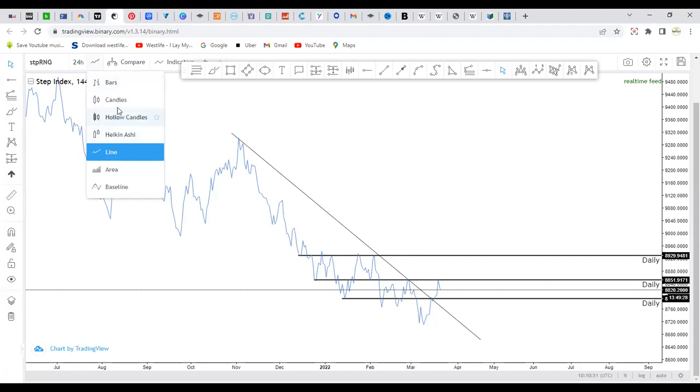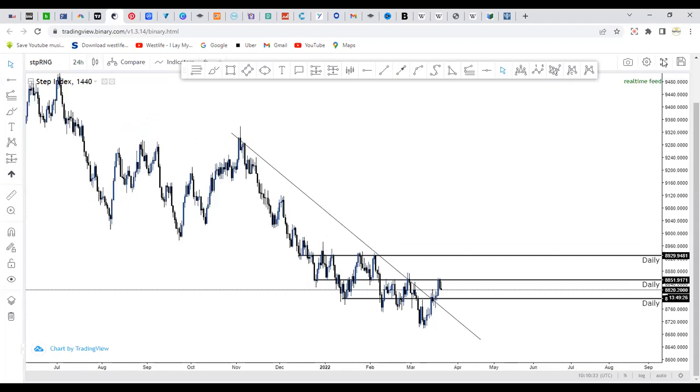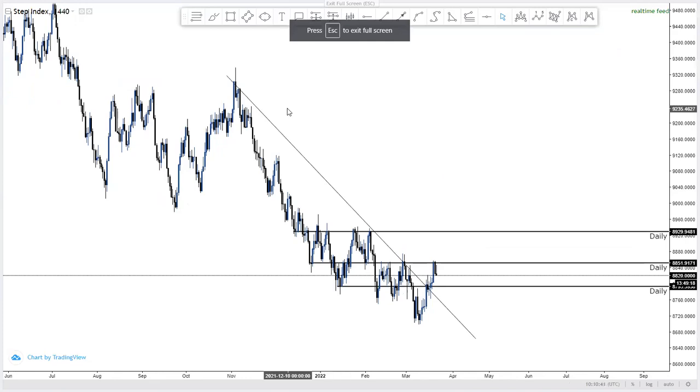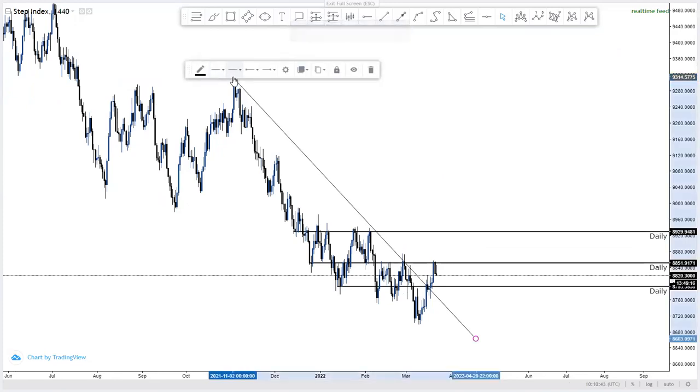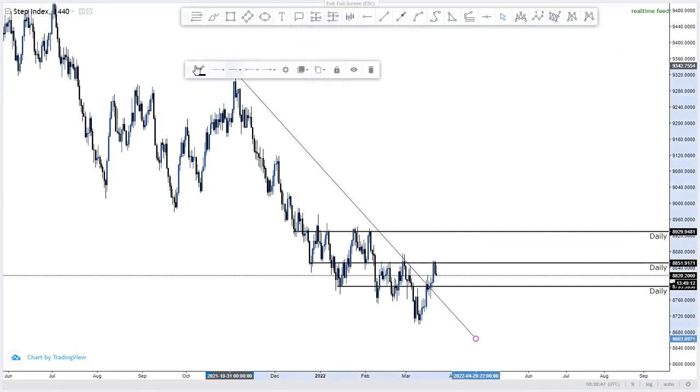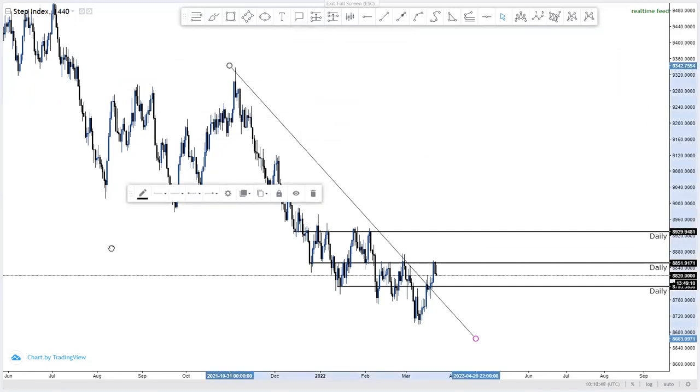So I'm going to go to the candlestick chart, as you can see. If you check my analysis, as I told you, the market was in a downtrend.